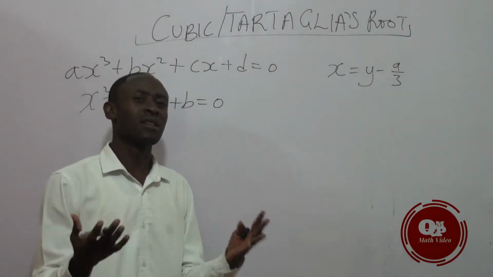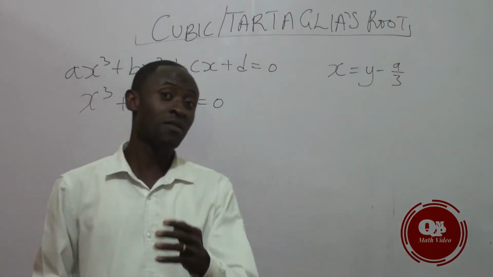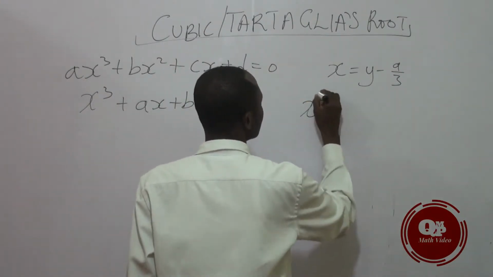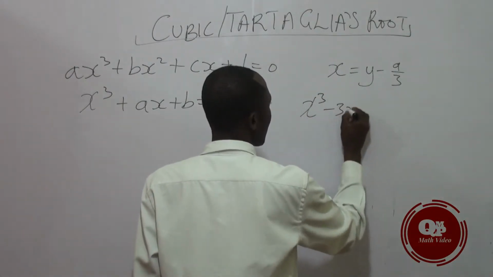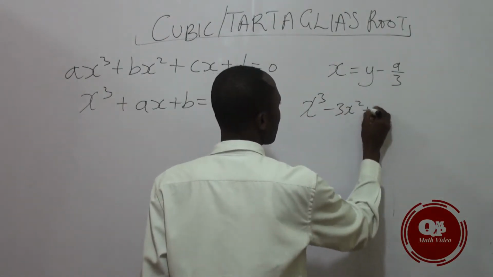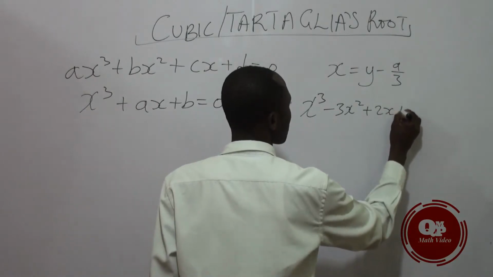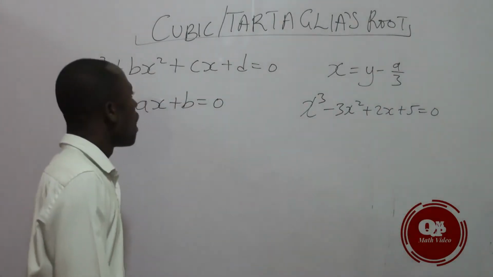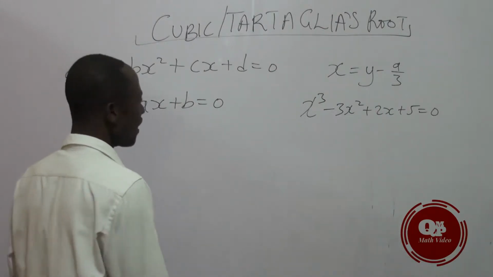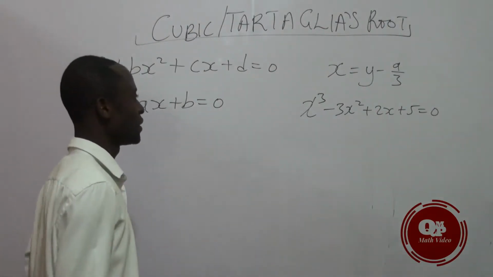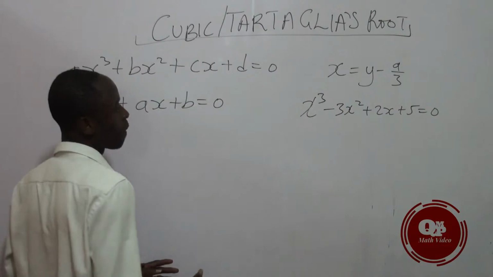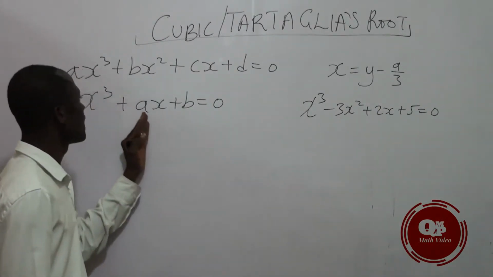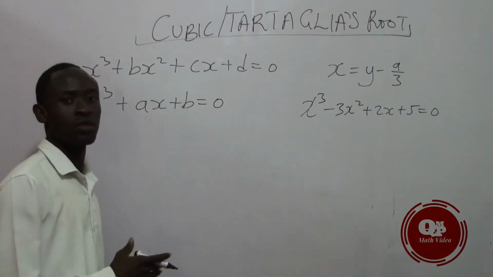Well, let us consider the equation we used in the previous video. That is x cubed minus 3x squared plus 2x plus 5 is equal to 0. We must try as much as possible to get our equation in this form: x cubed plus ax plus b is equal to 0.